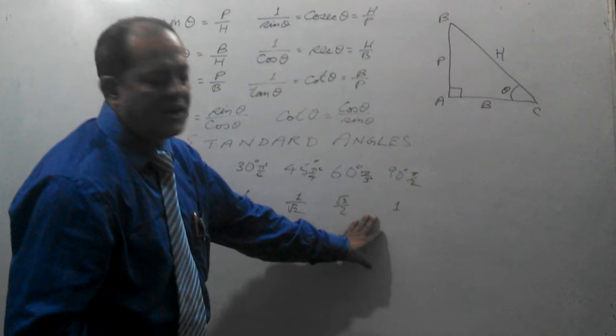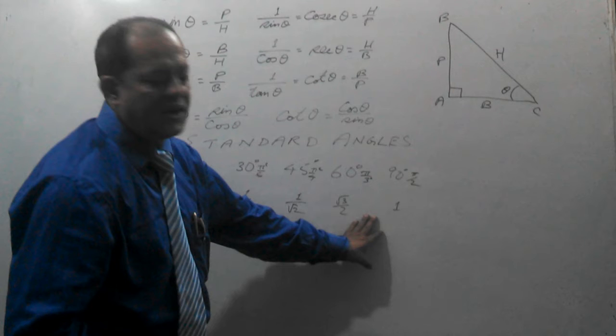Now we will be discussing some of the other formulas, like the relation between sine theta and cos theta, and tan theta and cot theta, or tan theta and sec theta.